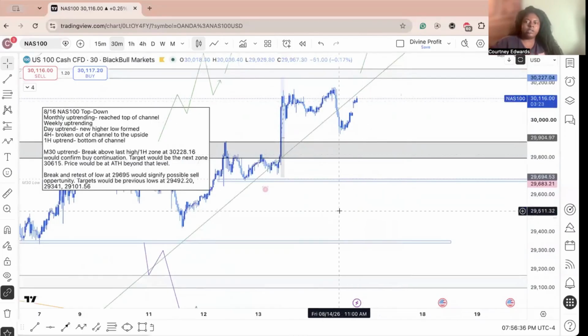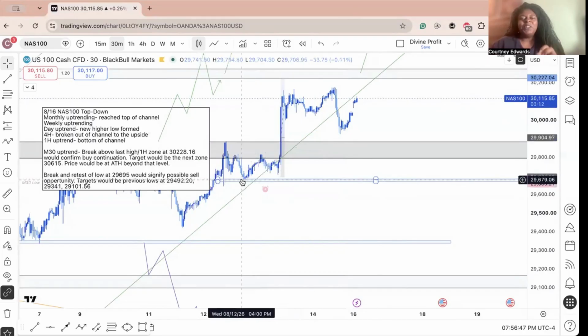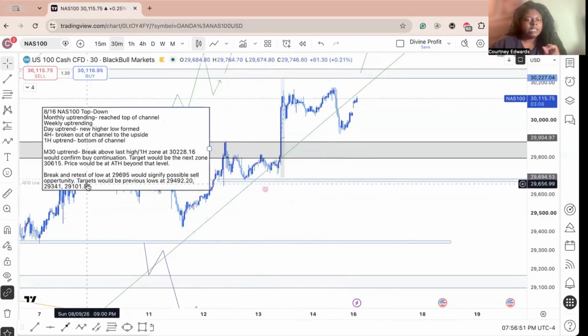Now for the sells, waiting on the break of a previous low, not really using that low because again, it's too close to market close, market open, and I want to be sure. So I'm going to wait for the break of this low that's here. And I had listed this at 29,695.